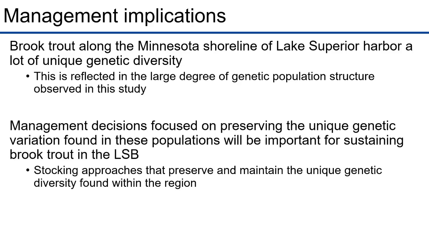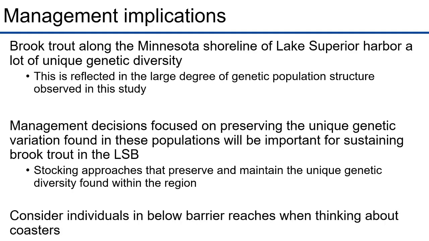Management decisions focused on preserving this unique genetic variation found in these populations will be critical for sustaining brook trout in the Lake Superior Basin, and Chris spoke really well to this earlier, but I just wanted to reiterate that stocking approaches that preserve and maintain the unique genetic diversity found within the region will be critical, and we're just beginning to uncover some of these adaptive differences and these local population level variation, and we're poised to gain a lot more insight into that with these data sets.